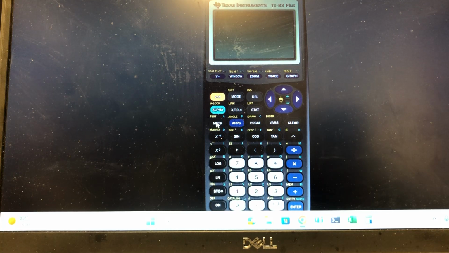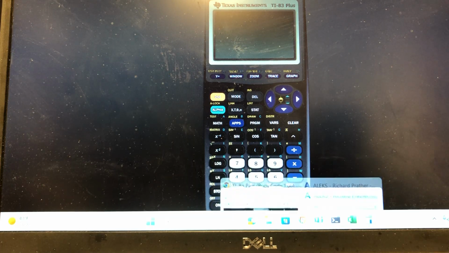Hit the math button on the side right below the green button. Right arrow over to PRB where it's probability. And then NPR and NCR are the second and third one down. So I'm going to choose number 2, NPR, because order matters here. The objects are treated differently. And then you put a 3. See, it's not 24. It's much bigger than that. It's 336.